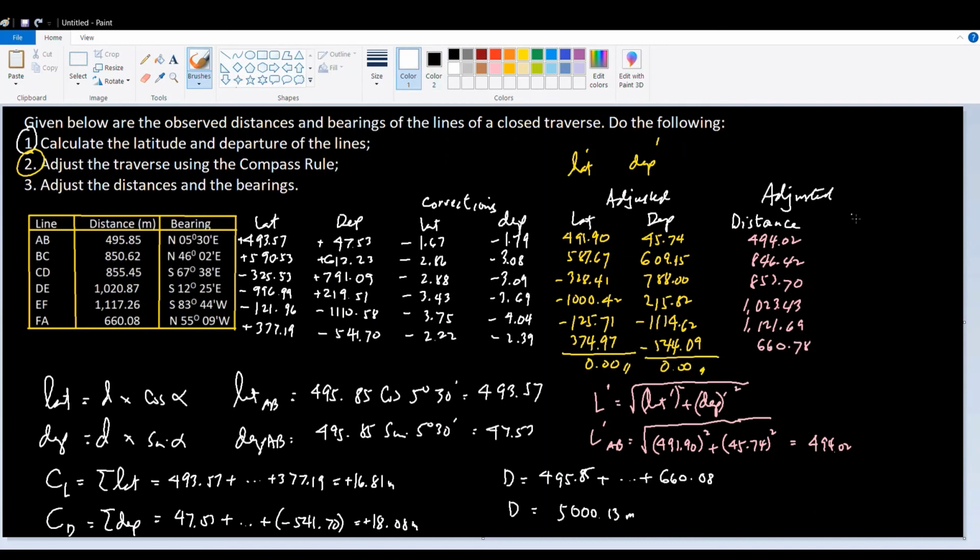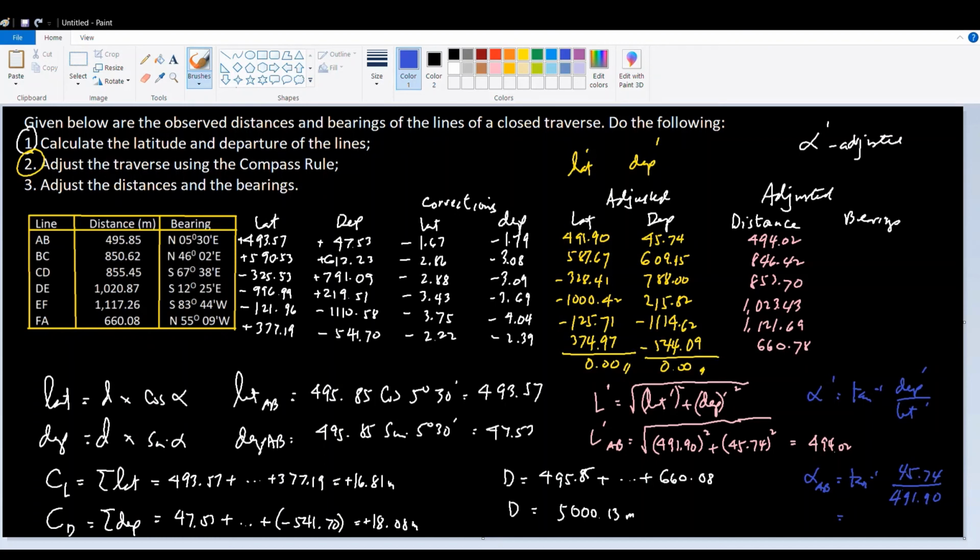How about for the adjusted bearings? The adjusted bearings will be denoted by alpha prime. Alpha prime is equal to arctangent of the adjusted departure over the adjusted latitude. So alpha of AB will be arctangent of the adjusted departure of AB, 45.74, divided by 491.90.